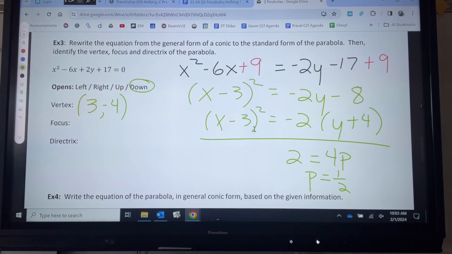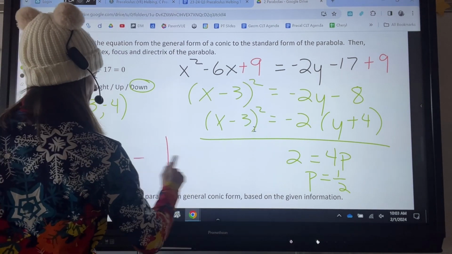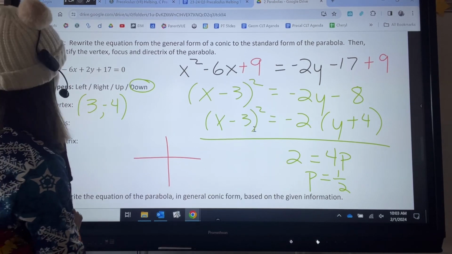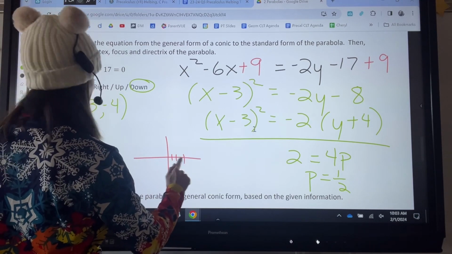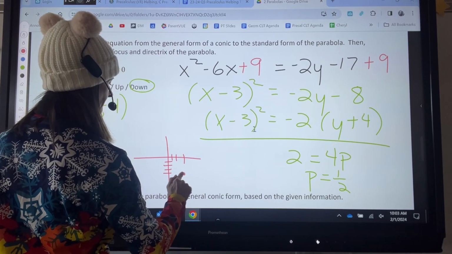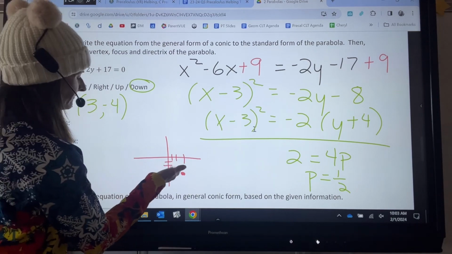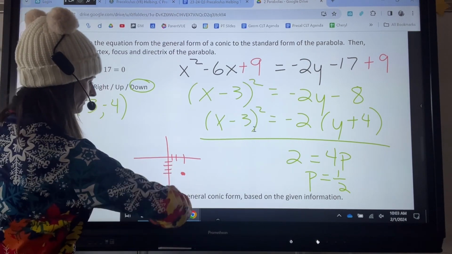Okay? Our focus. Think about if the graph is open, we're in the 1, 2, 3, 1, 2, 3, 4, right? And our p is 1/2. That 4 in terms of halves, okay, and we're opening down, right?